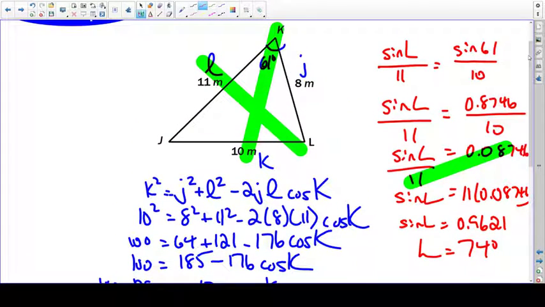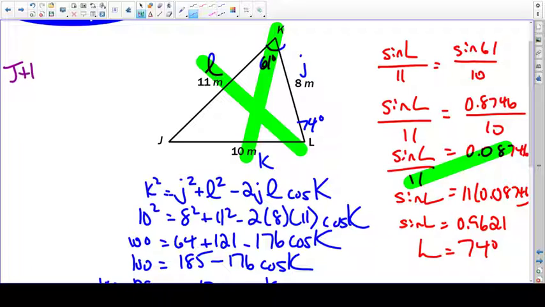So this angle right here is 74 degrees. Now I could use sine or cosine law again and find the measure of angle J, but here's what I know. I know that in a triangle, all three angles add to 180.